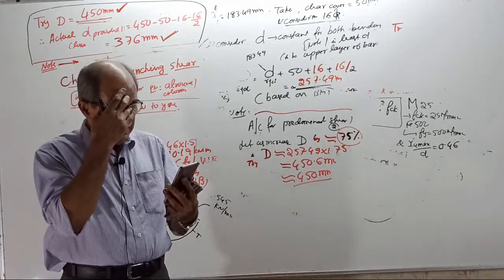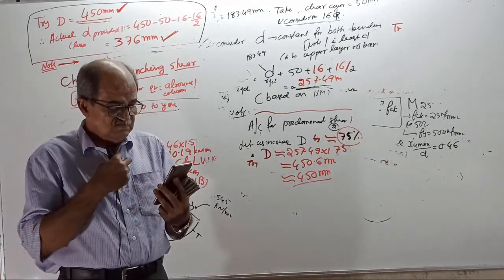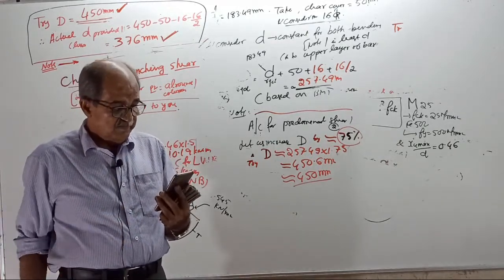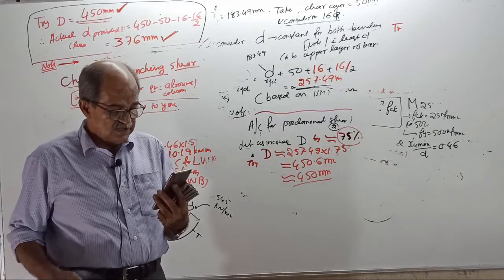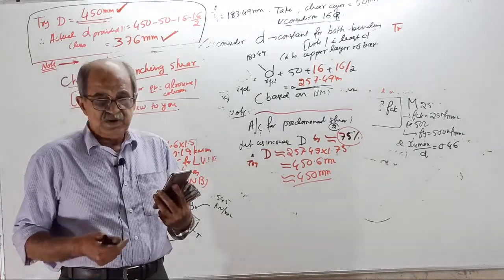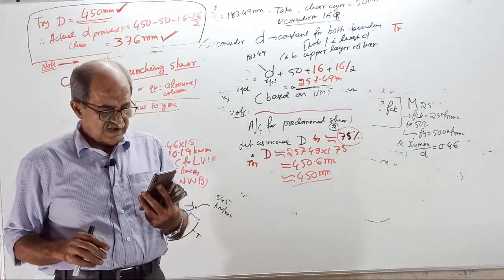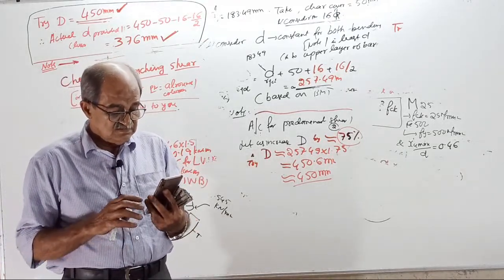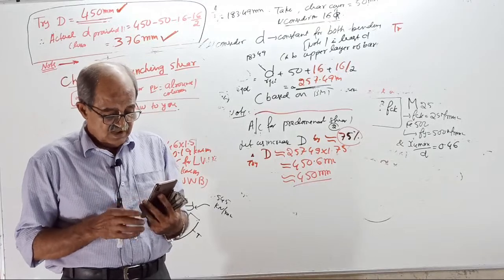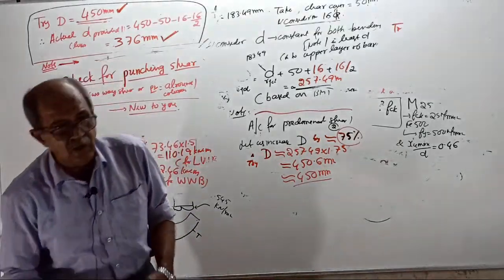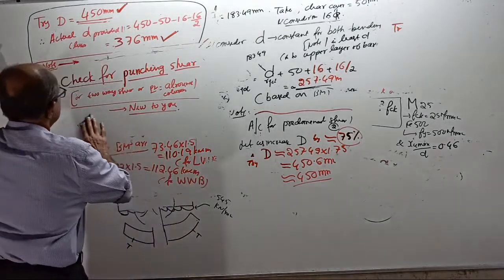No answer. Okay, voice clear? You are delaying a lot to tell the answer, because that much lag is not there. Lag is around 10 seconds. Clear. Okay. Start. Now, remember, check for punching shear.